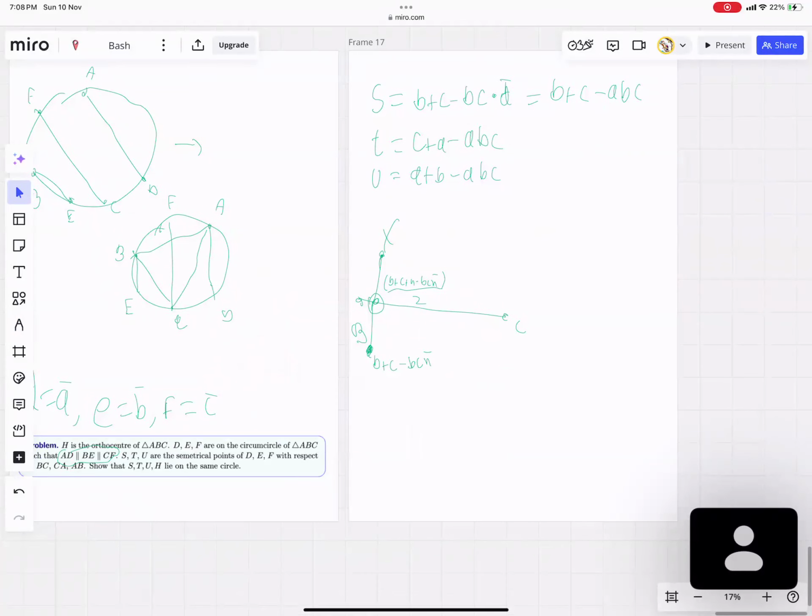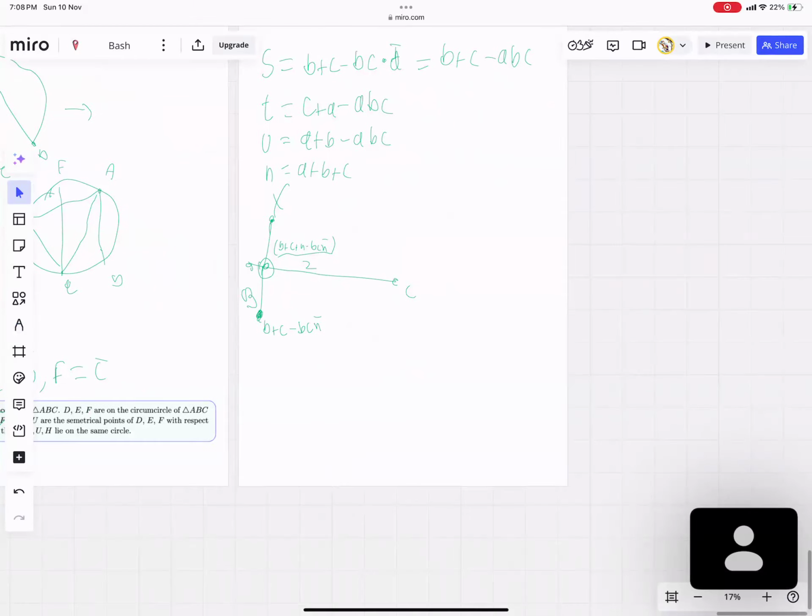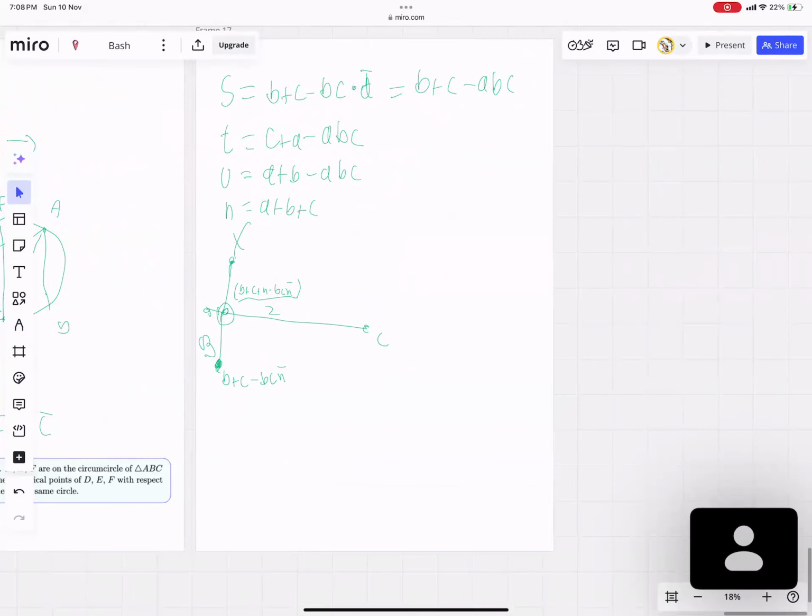But can't we just shift the whole configuration by A plus B plus C? Yes, perfect. And with the minus ABC. So if we subtract ABC, we get that it becomes minus ABC minus A, minus ABC minus B, minus ABC minus C, and 0.